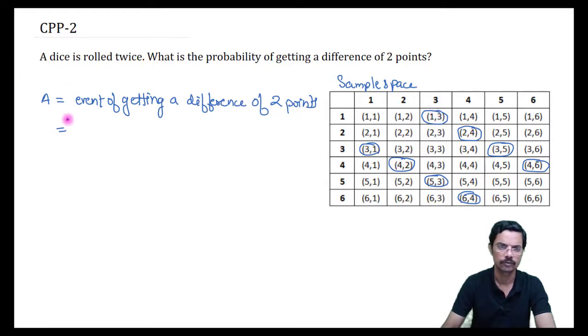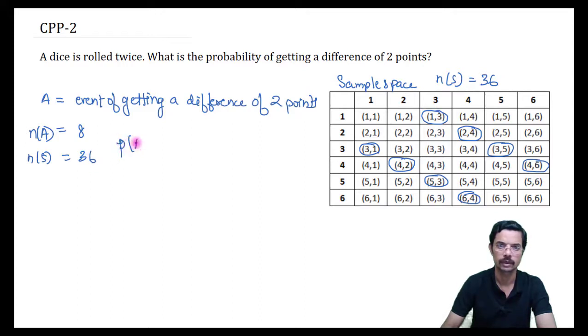We can directly write down the number of elements in A, because we have an MCQ paper, so we can directly count from here: 1, 2, 3, 4, 5, 6, 7 and 8. So the number of elements favorable to A is equal to 8, and the number of elements in S is 6 into 6, total 36 outcomes. The number of elements in the sample space S is equal to 36.